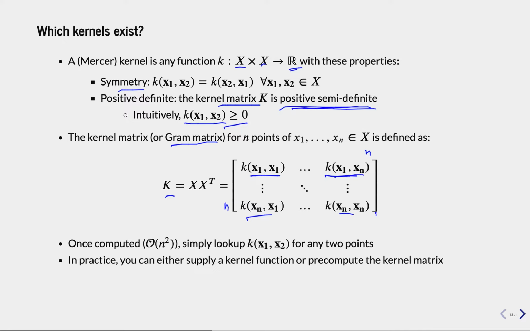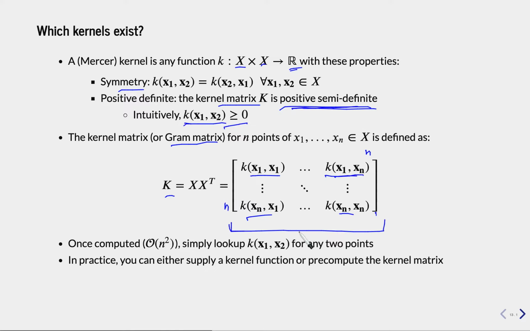Okay, so if you can find a kernel, or if you even can just define some measure of similarity and construct this kernel matrix, then you're done. Then you can use it. So you don't even need a kernel function, like a reproducing kernel.